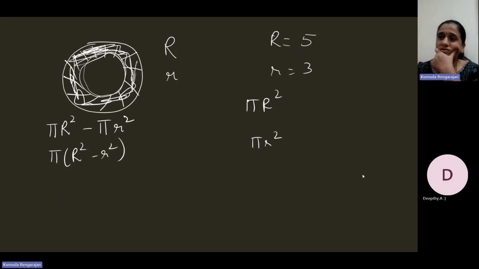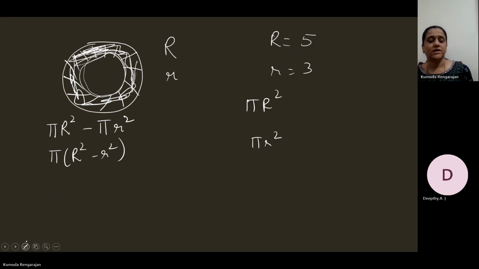Yeah, you can do that, yes. Area of the outer circle minus area of the inner circle gives us the area between the two concentric circles. Okay.